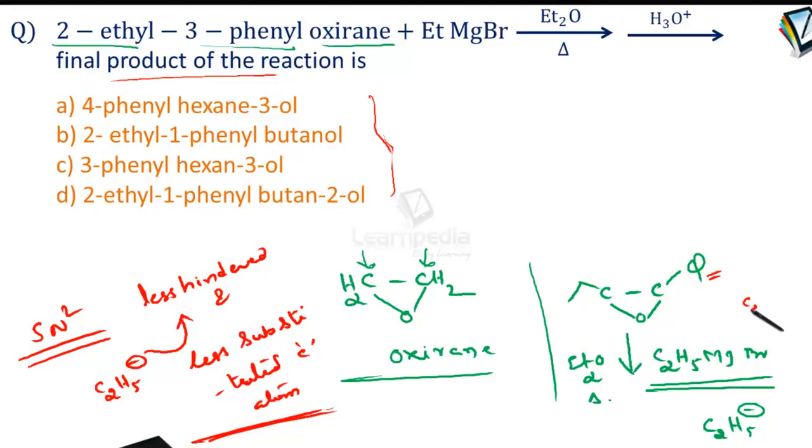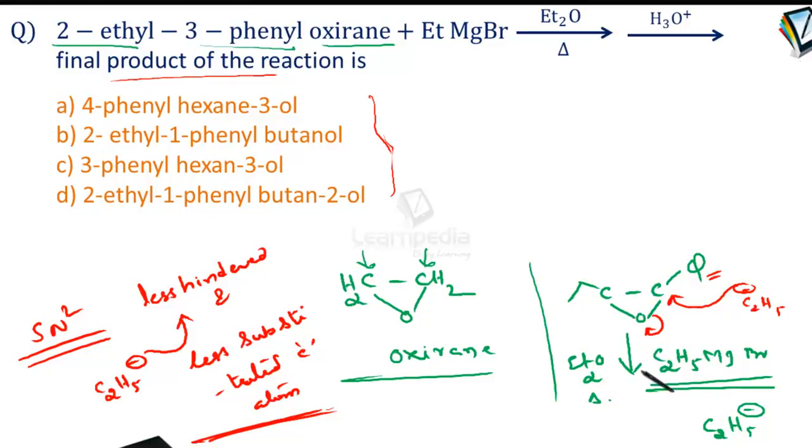So the moment C2H5 minus attacks here, this C-O bond will be cleaved and the ring is opened, as there is a lot of ring strain, as it is a 3-membered ring. And this O minus which is formed, in the next step during the hydrolysis in the presence of an acid, alcohol is formed. So thereby the product of the reaction is an alcohol.